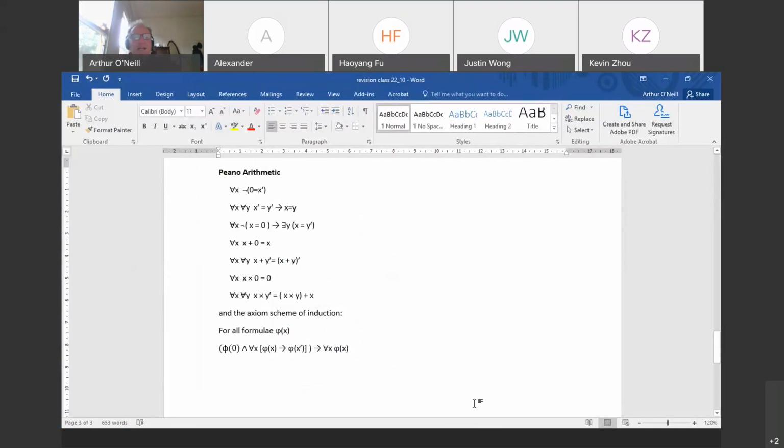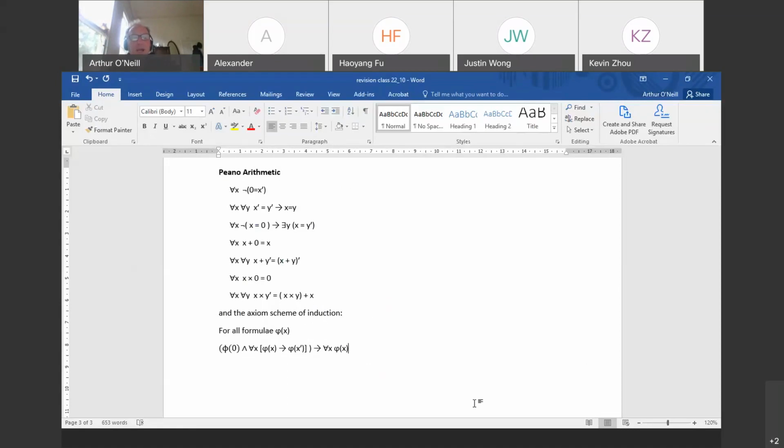Remember, the upside down A's mean "for all." So the first axiom says that for all x, and the x with an apostrophe above it means the successor of x, so x plus 1, there's no x such that its successor is 0, because this is just for the natural numbers. 0 is the start, if you like.